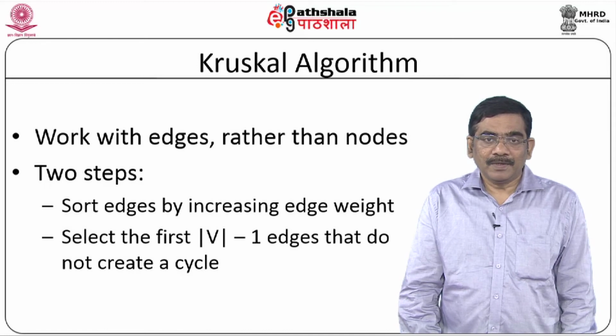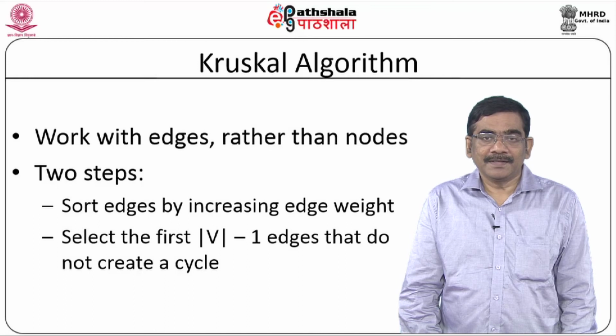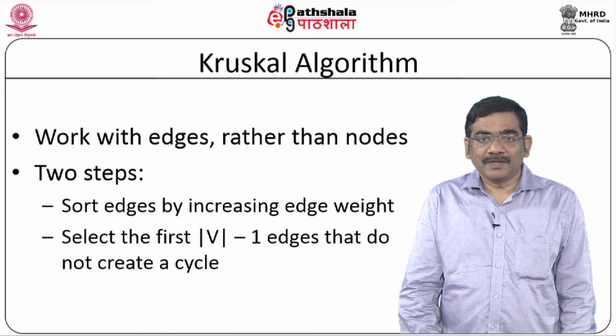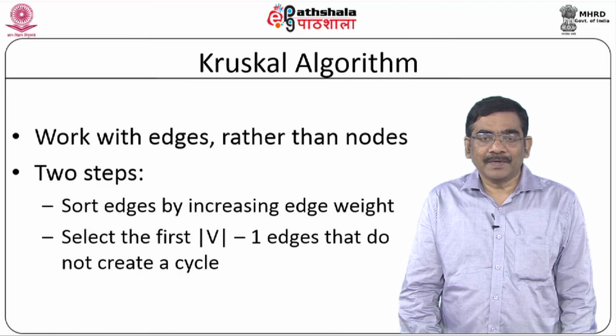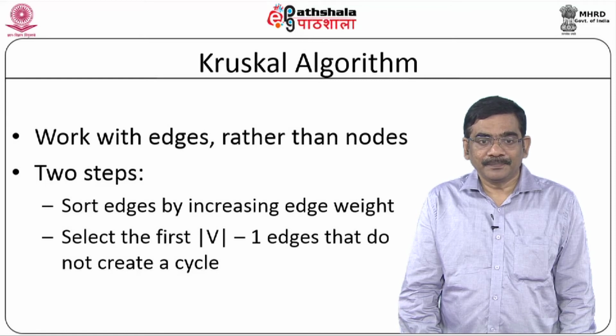So, the algorithm involves two steps. One is sorting of all the edges based on the weight, because we are going to apply the greedy approach where we look for the least cost edge. Therefore, the first step is to sort all the edges based on the edge weight.